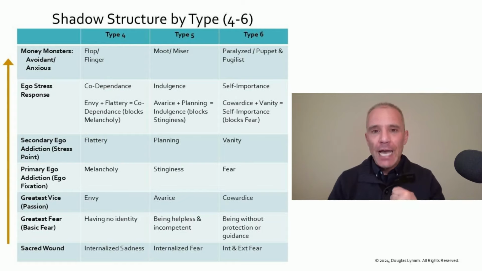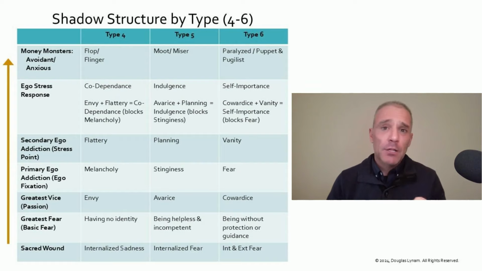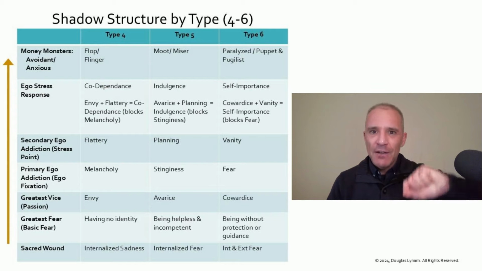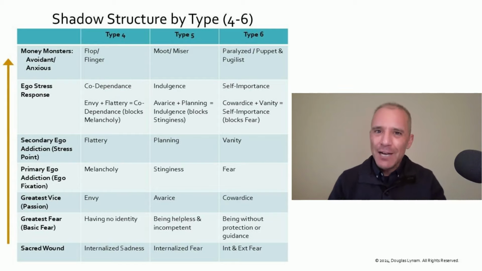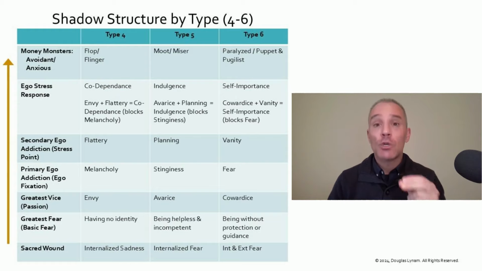And that flattery, that desire to reach out and connect with other people in often an unhealthy way, is better than not connecting at all. So, that's why it's there. If you have the envy of others, plus your flattering of them, it creates your ego stress response for a 4, which is then codependence.